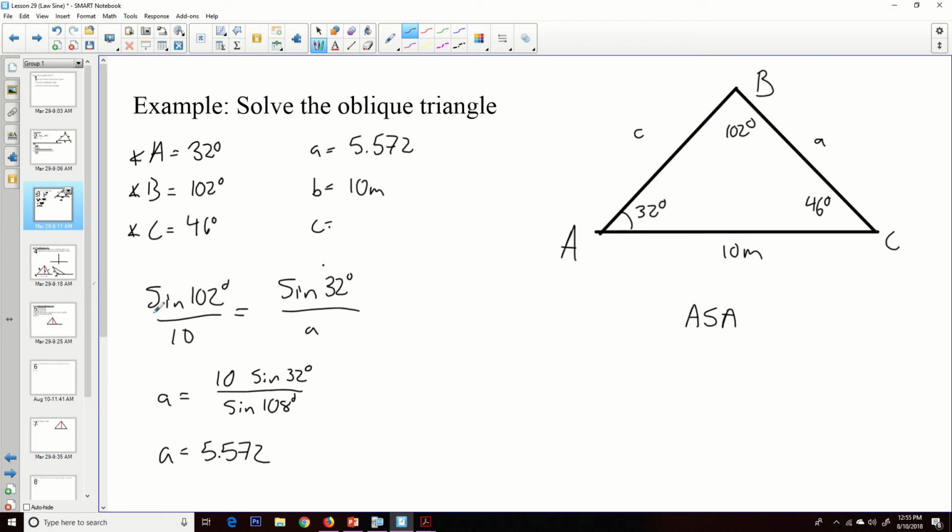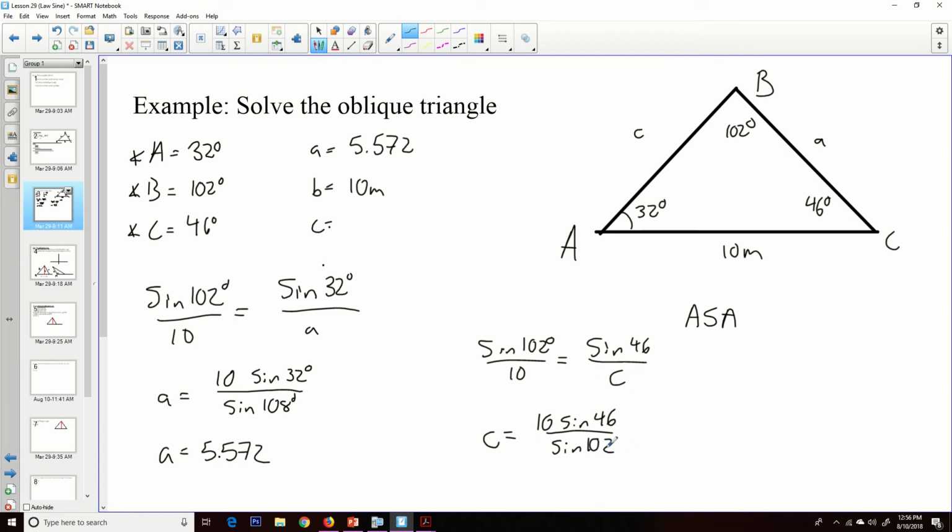I'm going to set it up using the original ratio from the first one: the sine of 102 degrees over 10, I know both of those parts, is equal to the sine of 46 over c, the angle and its opposite side. I don't have to do a whole lot of work. I'll get c equal to 10 sine 46 all over the sine of 102.